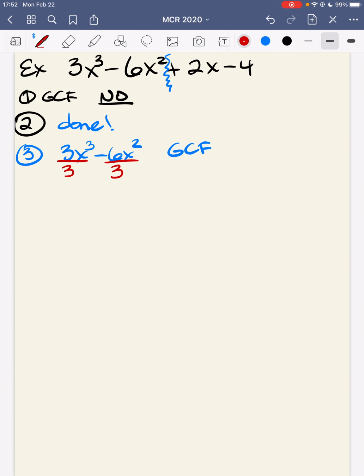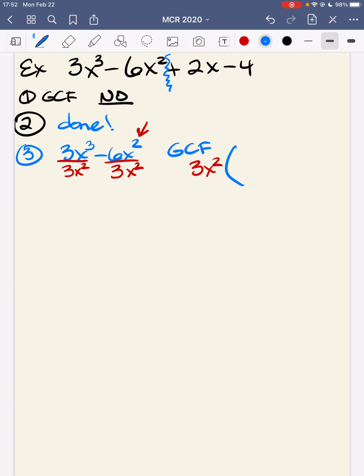And again, my variable GCF is my lowest exponent. In this case, it's x squared. So I can also take out an x squared. It's the same thing as when we did division. The 3x squared that we're taking out is going to go in front, and whatever's left over is going to go into a set of parentheses.